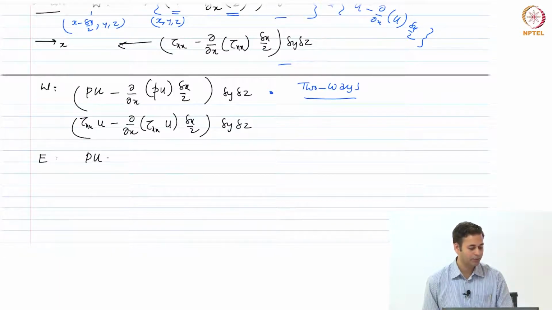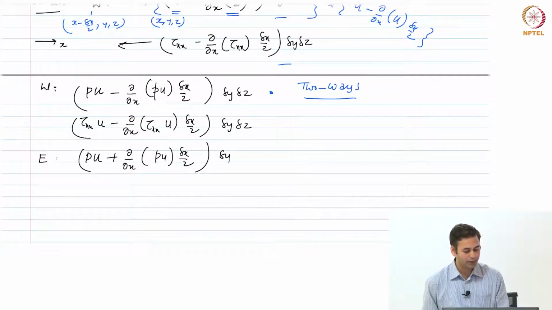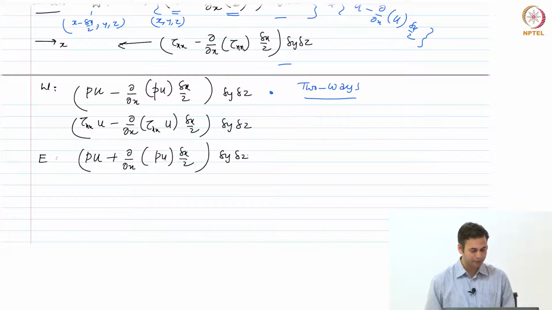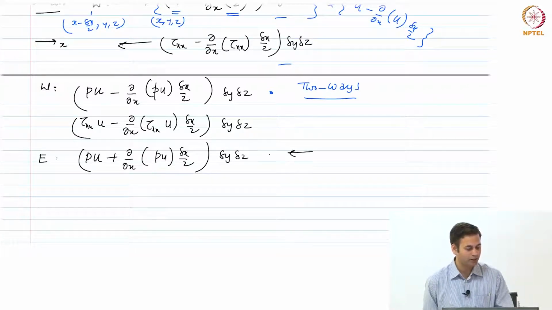This will be P times U plus partial x P times U delta x by 2 times delta y delta z. This was acting in which direction? In the negative x direction, right. So, this was acting in the negative direction, so the work done would be with a minus, because this was minus. And then what will be the other force?